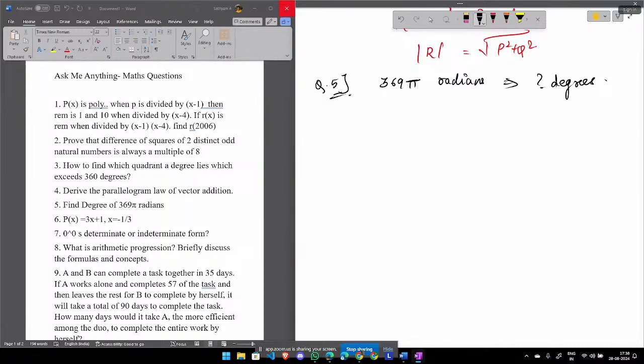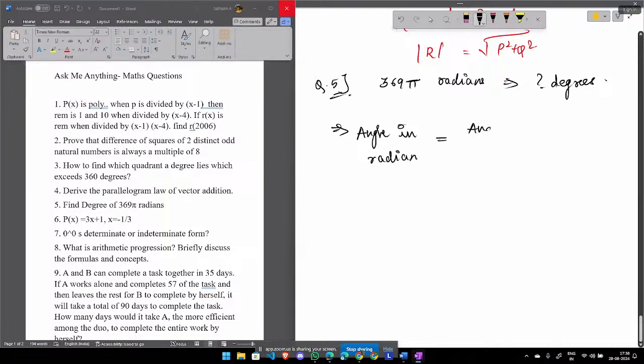Now I'll tell you the standard formula which you can remember: our angle in radian is angle in degree into pi by 180.